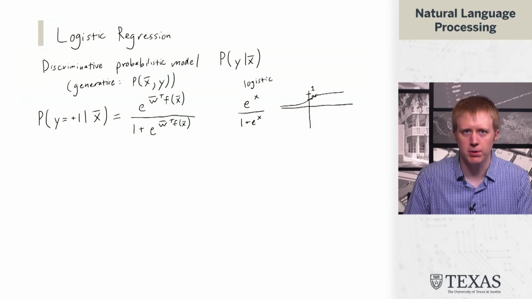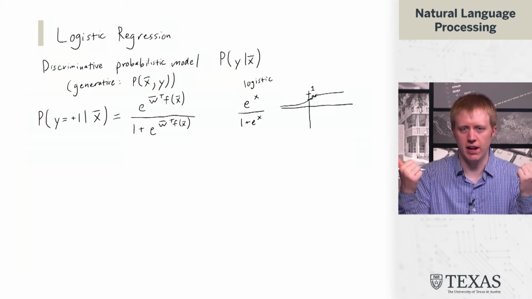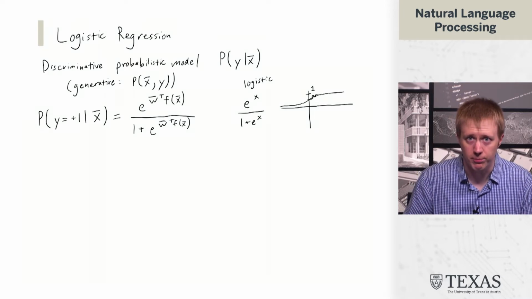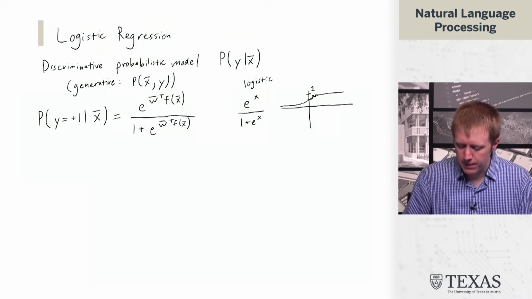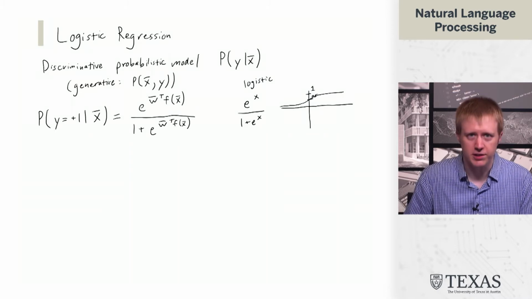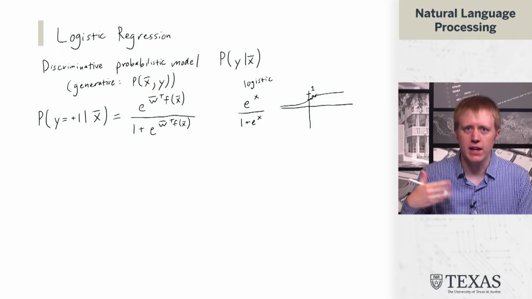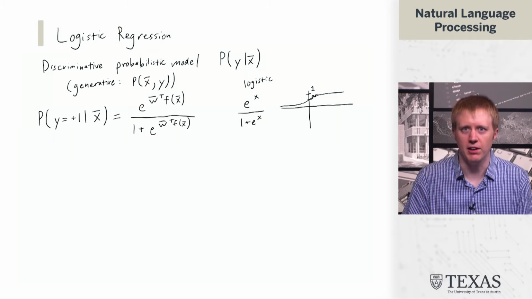You can confirm this, plug in x equals 0, you get a half. And then as it goes out in either direction, it approaches either +1 or 0. And so the main reason that this is useful is because it allows us to map from any real number into something that's going to be a valid probability.